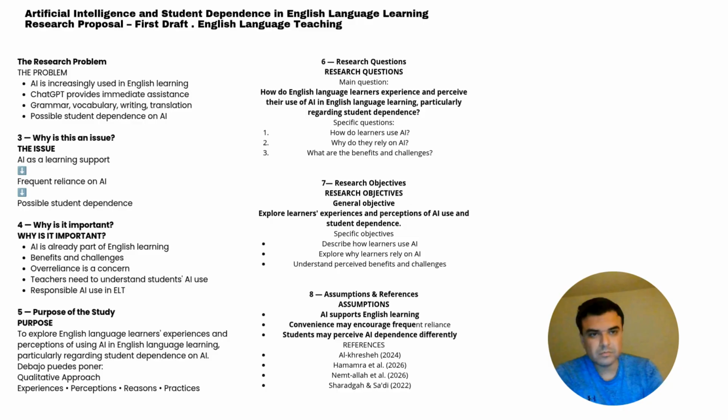Instead, I want to understand how learners use AI, why they rely on it, and how they perceive its role in learning English. Through a qualitative approach, I hope to obtain a deeper understanding of this phenomenon and provide information that may be useful for English language teachers and learners.